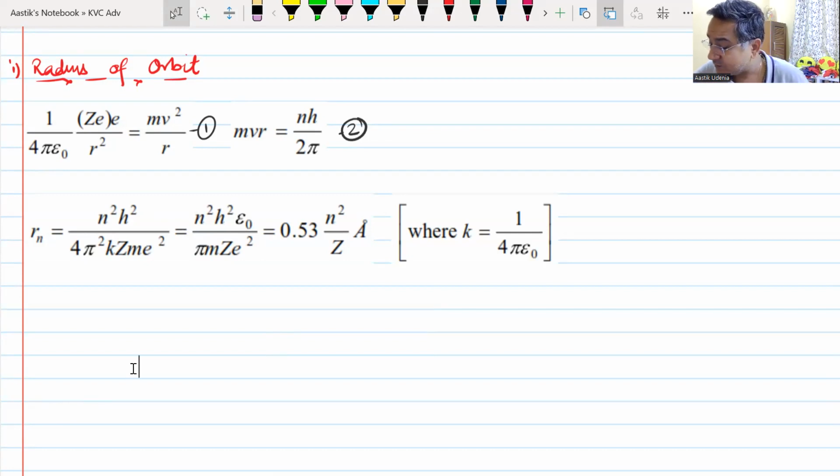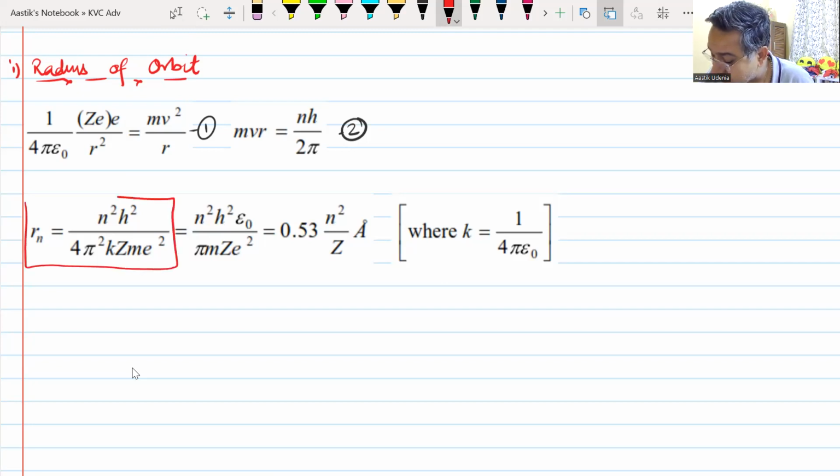This is the first way of remembering this: r is n square h square upon 4 pi square k z m e square. I don't know if you can remember this. This is again equal to this one.